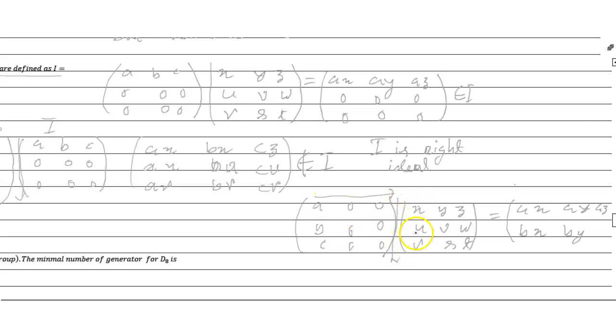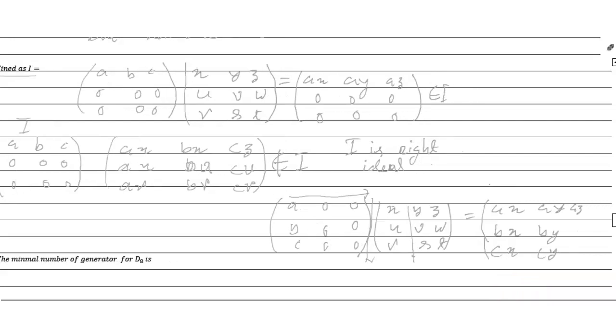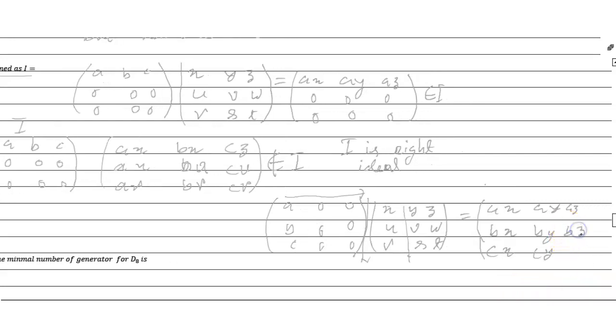So AX, BX, CX. Similarly, when I multiply this way, then AY, BY, CY, and AZ, BZ and CZ, that does not equal J. This is J portion.